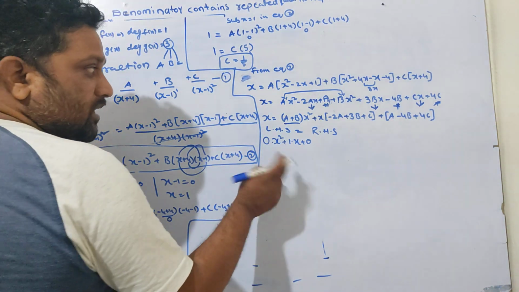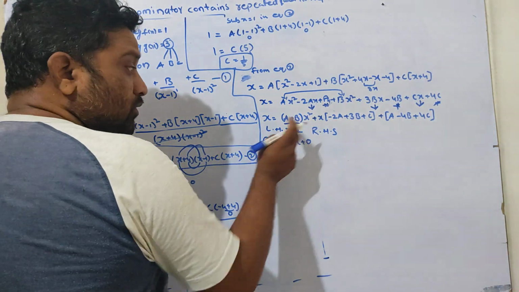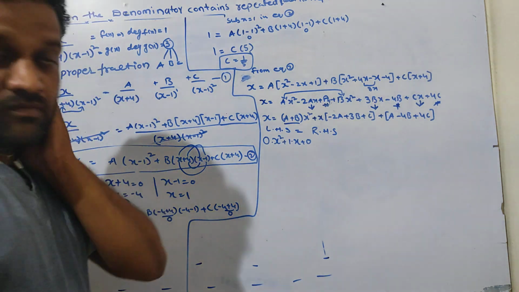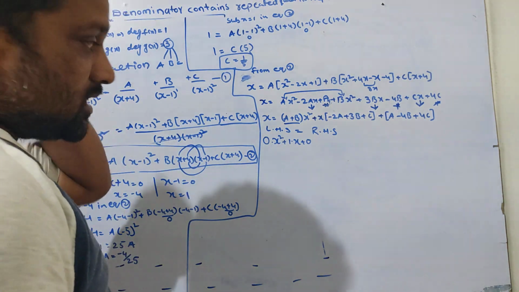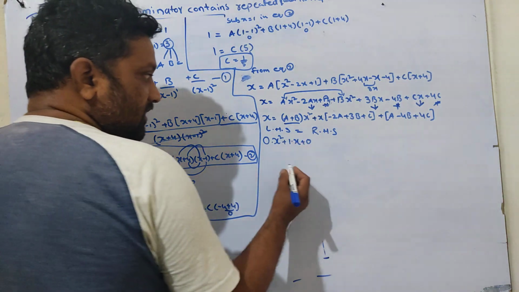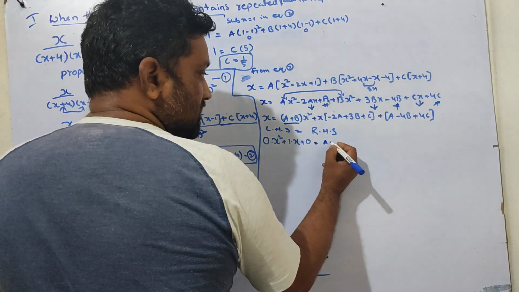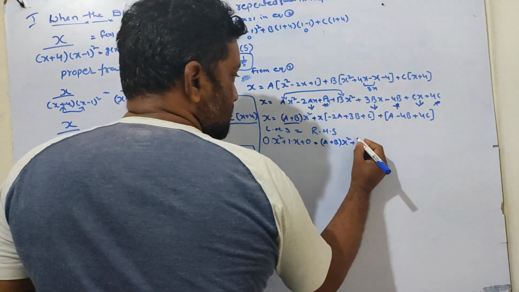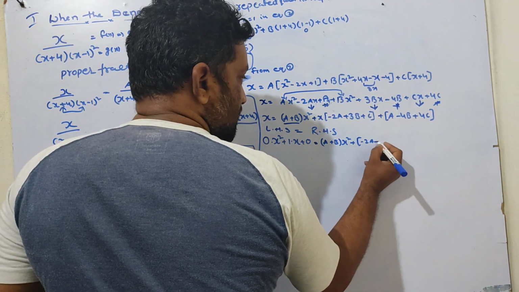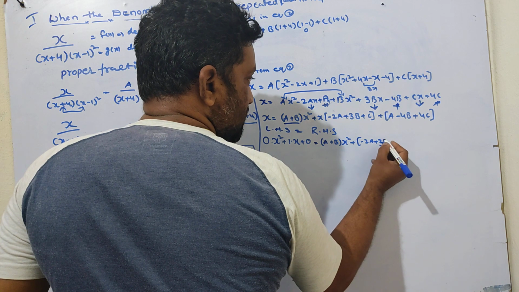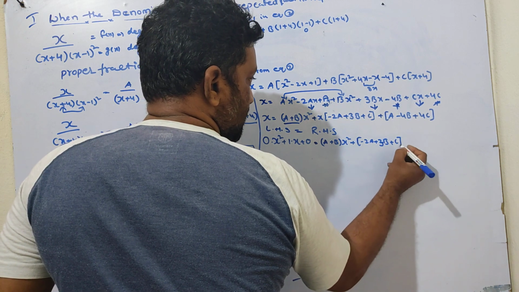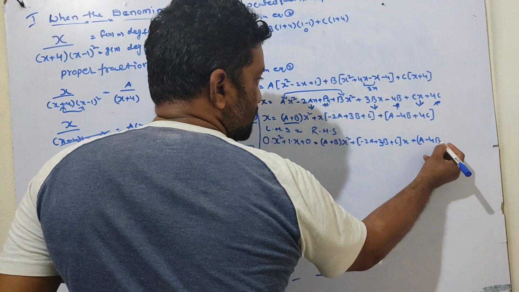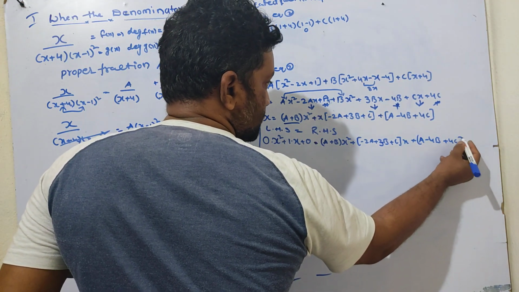So I am writing like this because we have to compare the coefficients of variables: x square coefficient is equal to a plus b of x square plus minus 2a plus 3b plus c of x plus a minus 4b plus 4c.